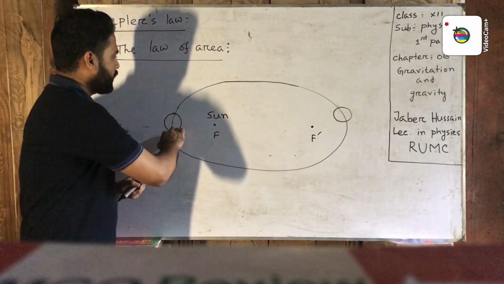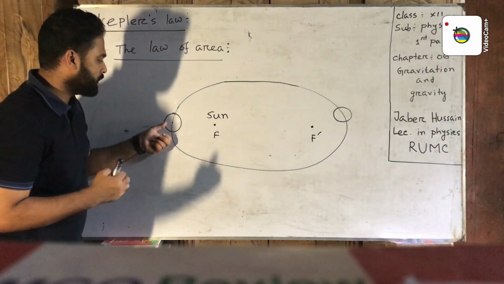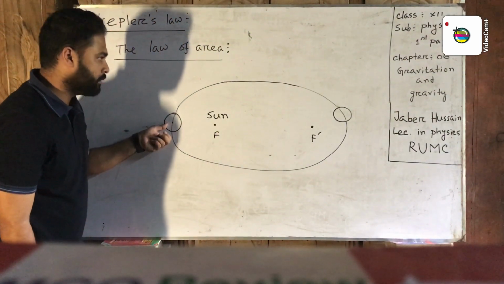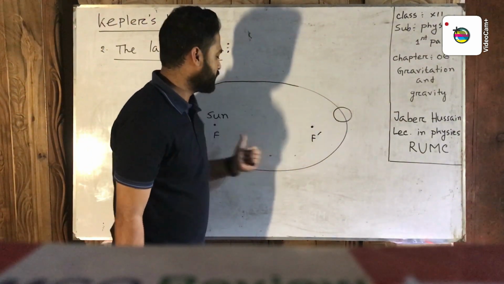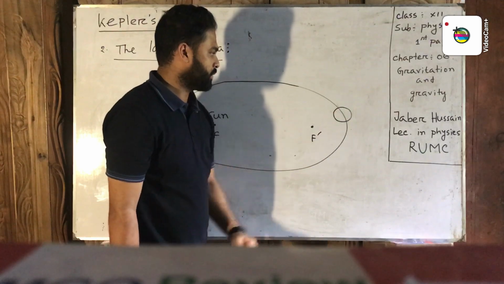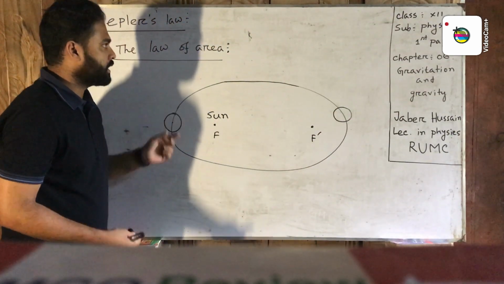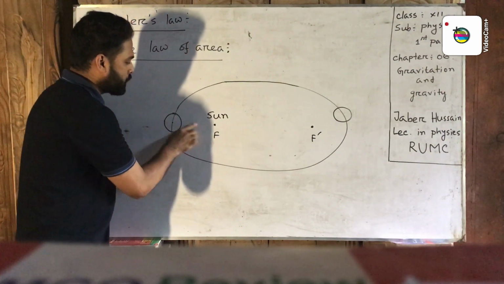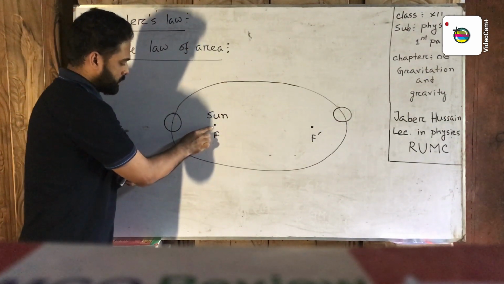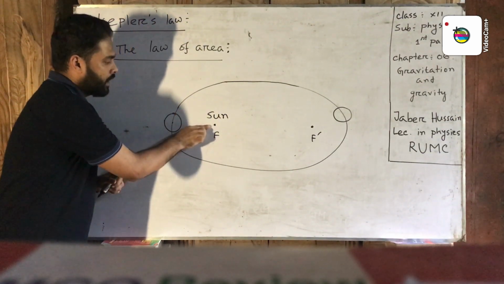So when the planet moves around an ellipse, in this region the gravitational attraction force will be greater, and in this region it will be smaller. This gravitational attraction force creates centripetal force. This centripetal force acts towards the sun.